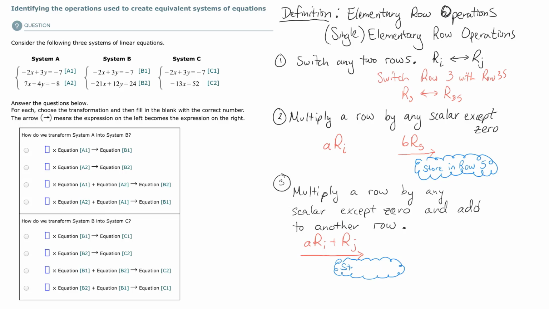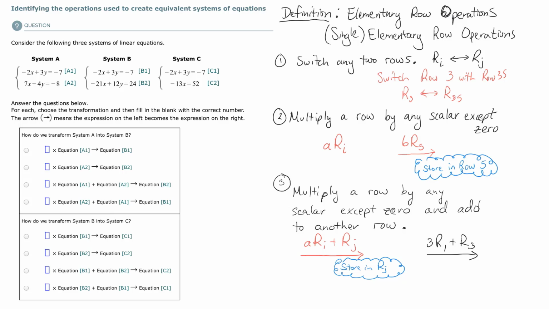We're also going to store in row j. So with numbers, it will look something like 3 times row 1 added to row 3 and then store in row 3. So notice what I said. That arrow just means store in row 3. And so that will create a similar system.